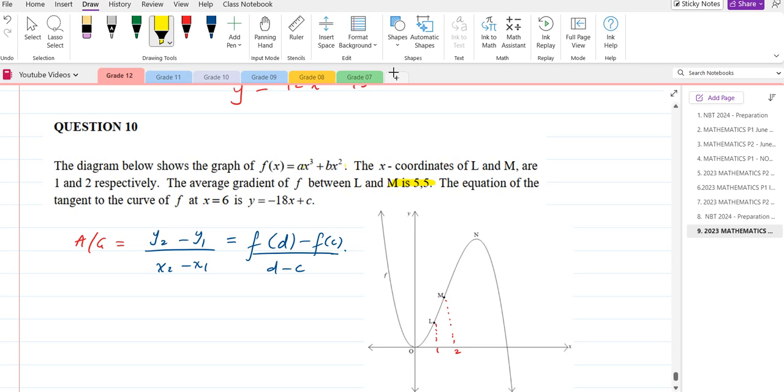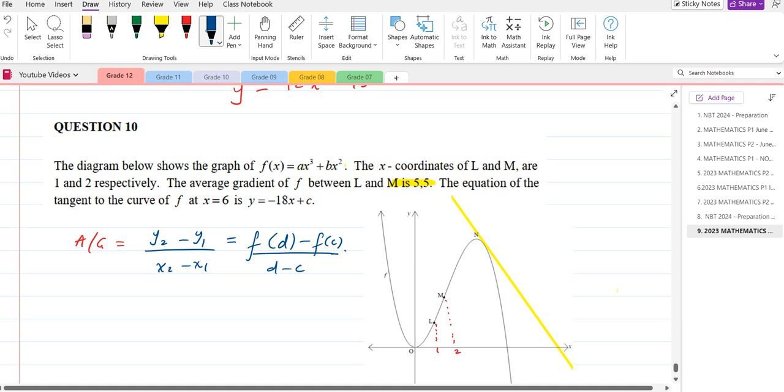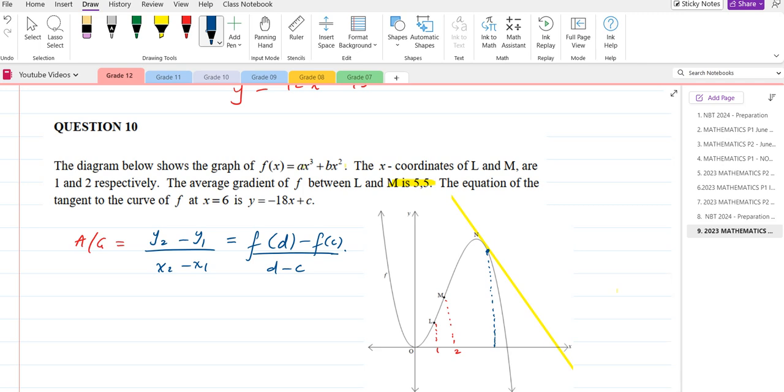So I think it's somewhere around here, because they said at x equal to 6, assuming that x equals 6 is somewhere around here, right? The gradient is minus 18. Now at x equals 6, try to understand what they said here. Minus 18 is an important point.